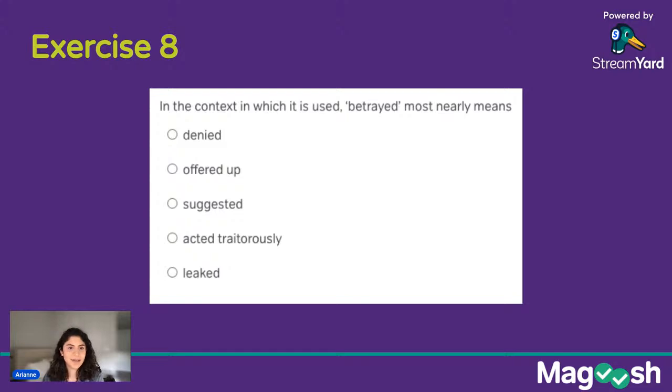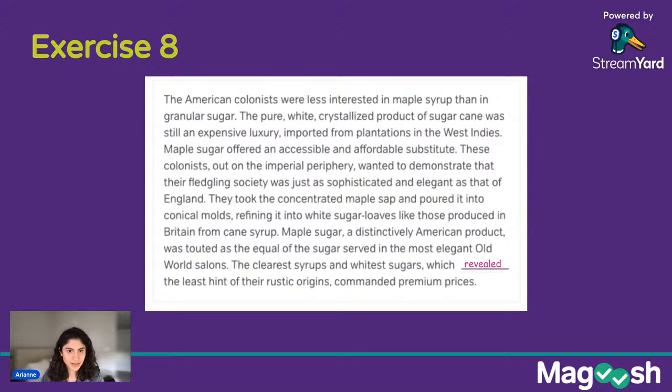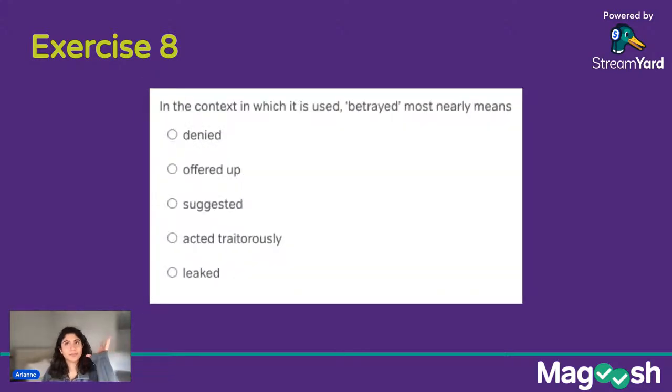Okay, we have denied. Denied doesn't really fit here because we're trying to match to reveal. Remember, we're not looking at the overall sentence, the overall passage, the overall point. We're talking about just the word, the definition of the word, and in relation to betrayed. So denied, we can eliminate. Offered up. Offered would be good.